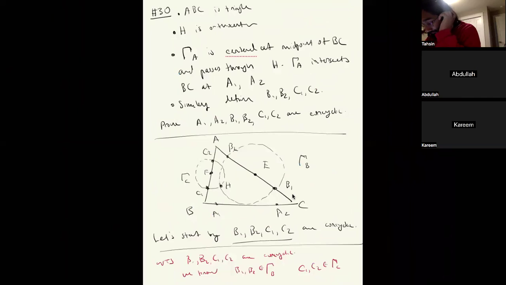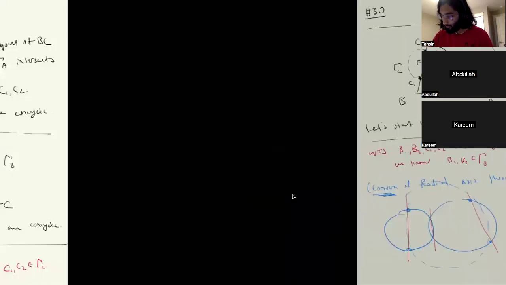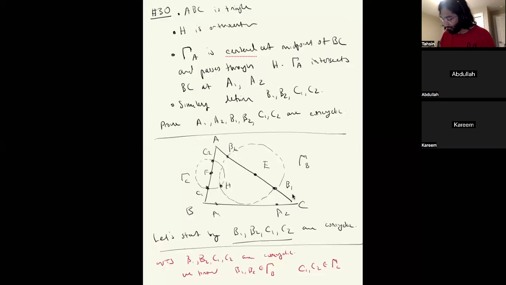So, of course, what have we gotten ourselves so far? By symmetry, B1, B2, C1, C2 are concyclic.